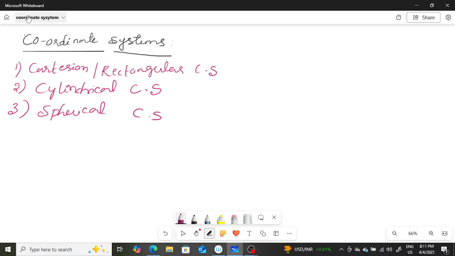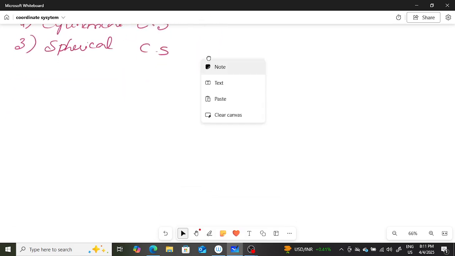Okay, so let me consider the first coordinate system. We'll start with the Cartesian coordinate system, which is also called rectangular.